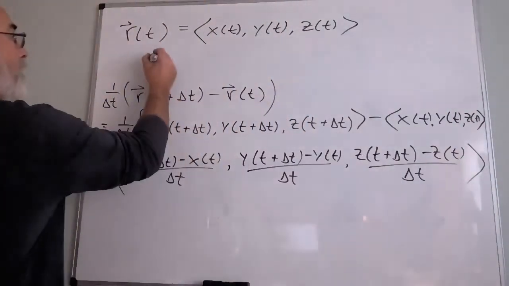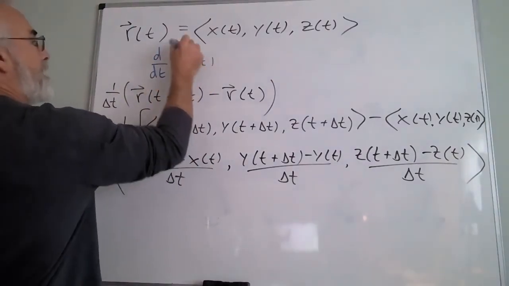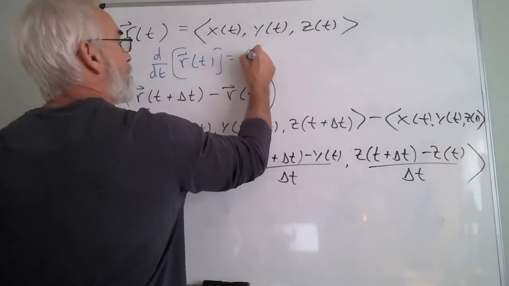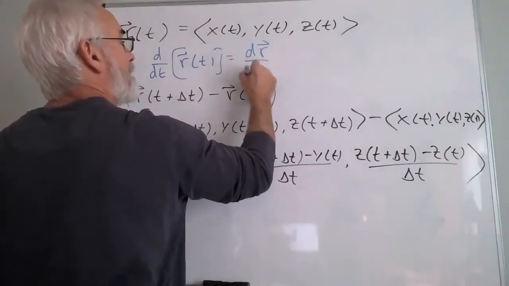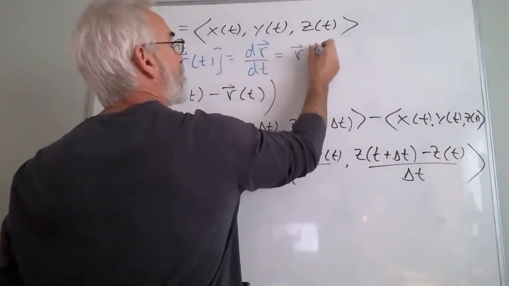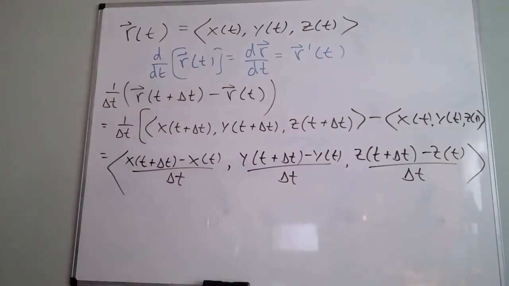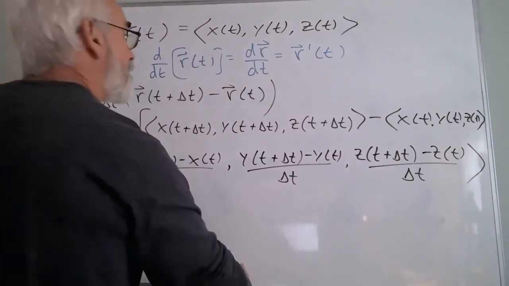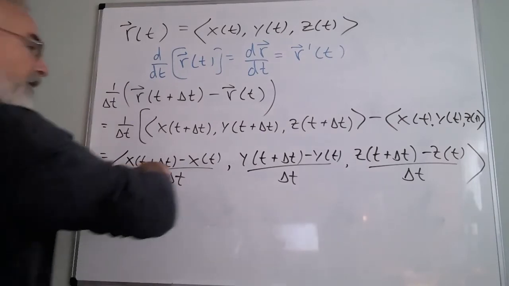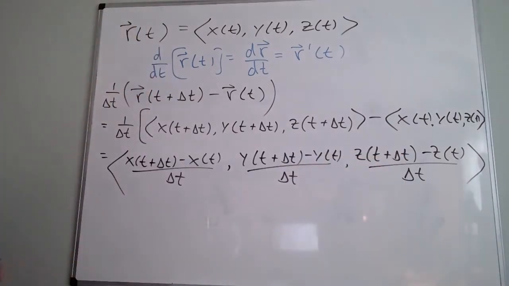So we are going to define d dt of r of t. We're going to write it 2 ways. Of course, we can write it as dr dt, still a vector, or just r prime of t. Both of these notations are totally acceptable. That's what we use. So what are we going to define that as? Well, clearly, this is the vector that I want to take the limit of.